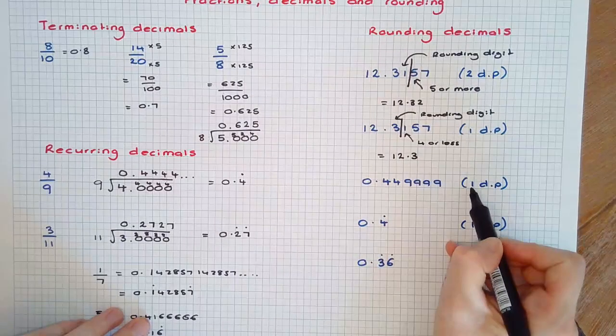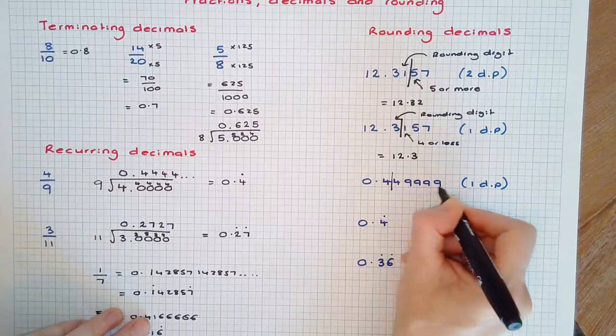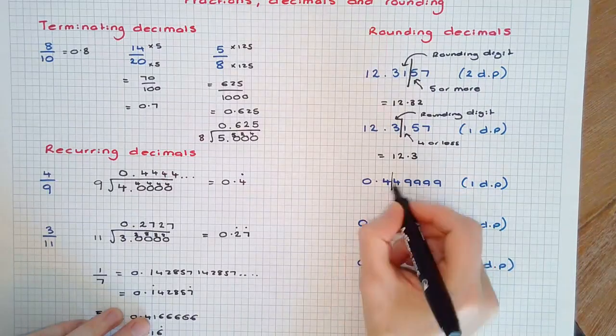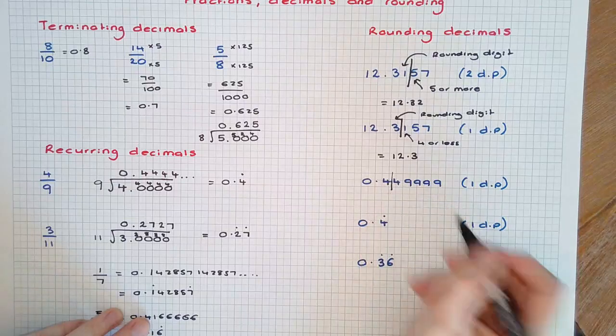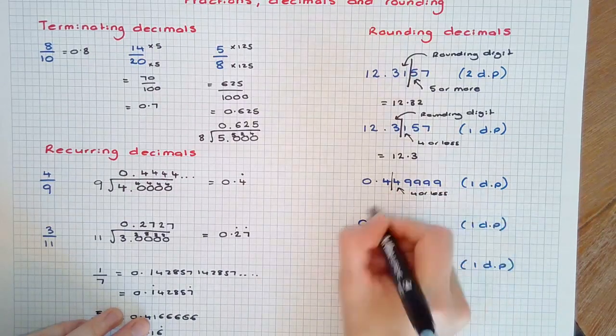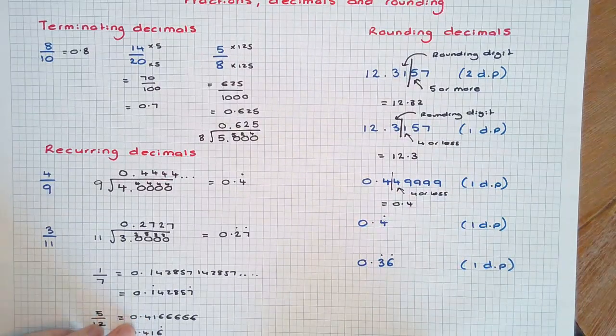Taking this example, again we want to round to 1 decimal place. It doesn't matter that all these 9s are trailing. The rounding digit is 4 and the number after the rounding digit is 4 or less. So we can just simply ignore and write this as 0.4.